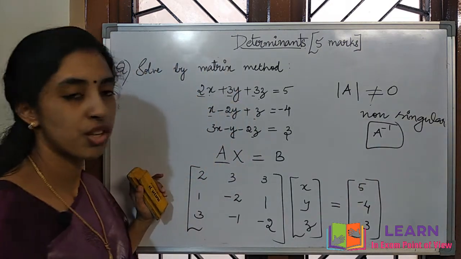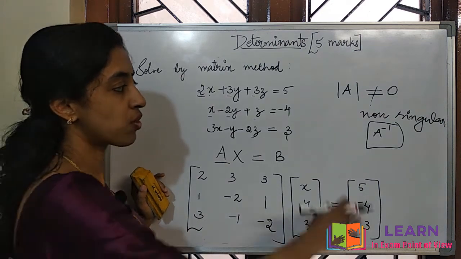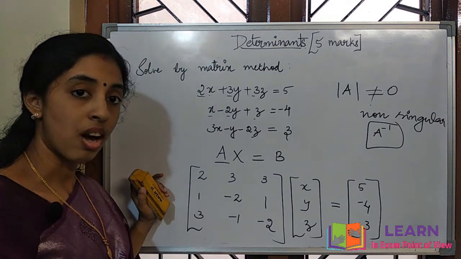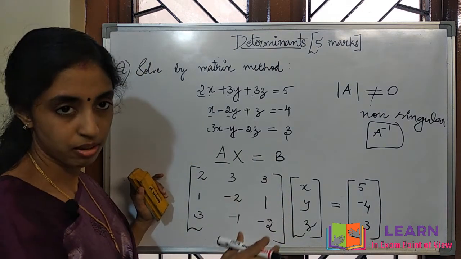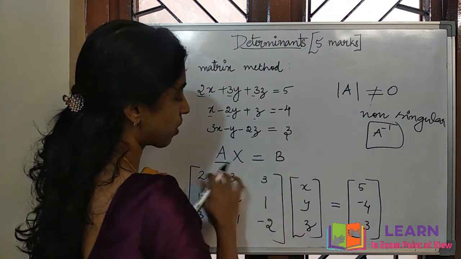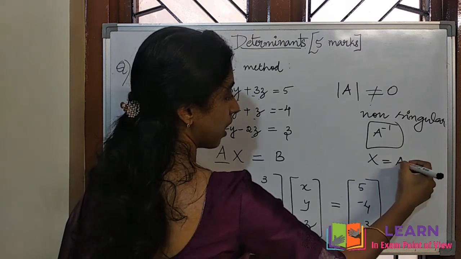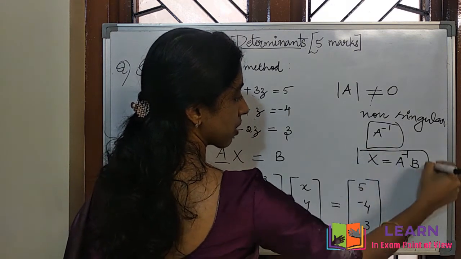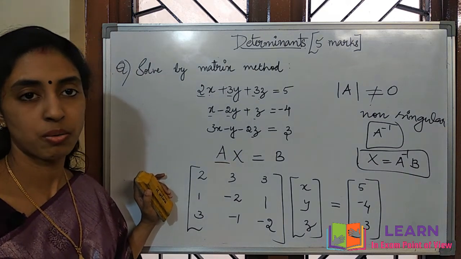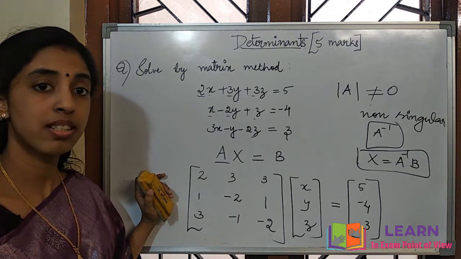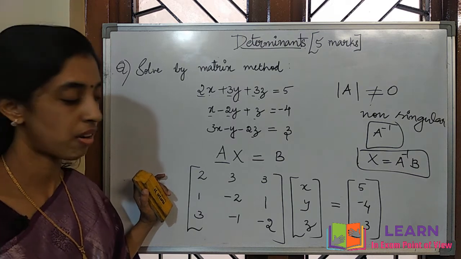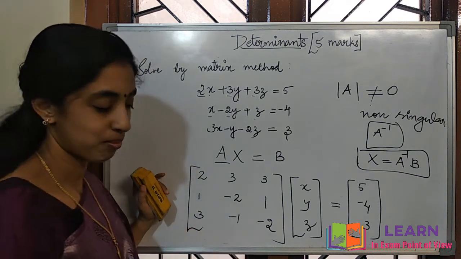This is a point you should remember: first find the determinant of A. If A inverse exists, then we can write X equal to A inverse B. So what is a singular matrix? Its determinant will be 0, just the reverse. If it is not equal to 0, it is a non-singular matrix.